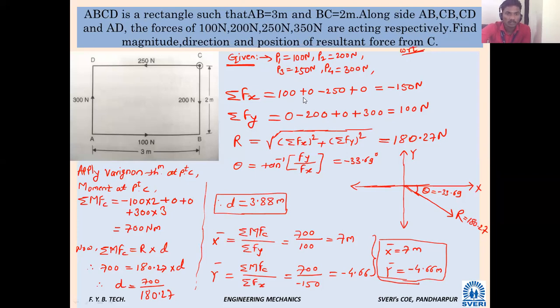Onkar, roll number 39. Are you writing in your notebook? Yes, sir. Okay, very good. Shiv Kumar, 13. Are you writing in your notebook? Yes, sir. You should write. Everybody should write.